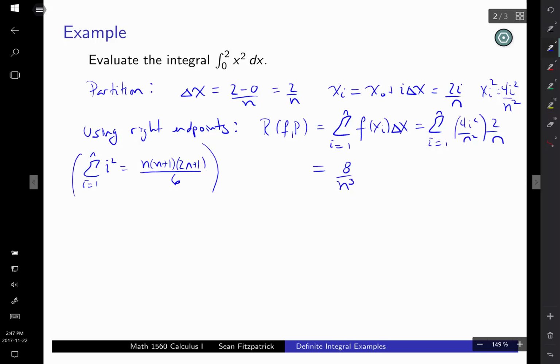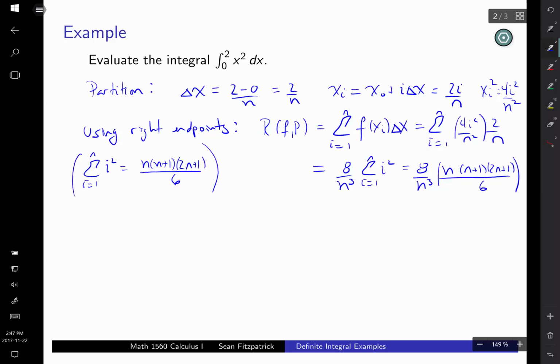That 8 over n cubed is a common factor for each copy of i all the way up to n. So we have the sum from 1 to n of i squared, and now we plug in this summation formula, and what we get is 8 over n cubed times n plus 1 times 2n plus 1 over 6.